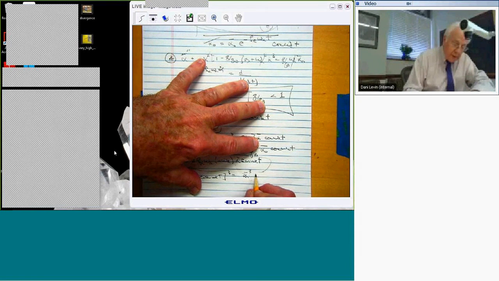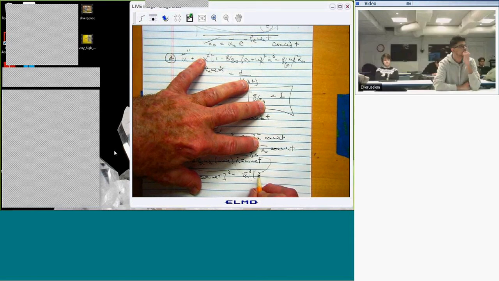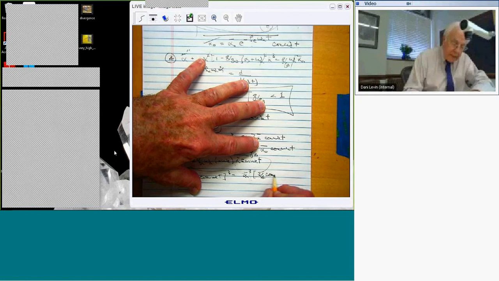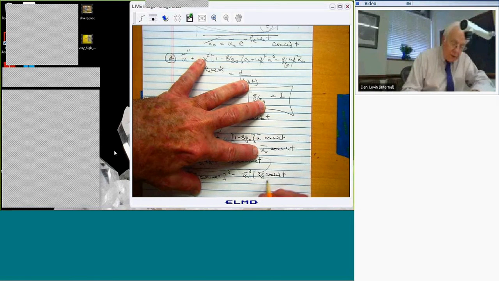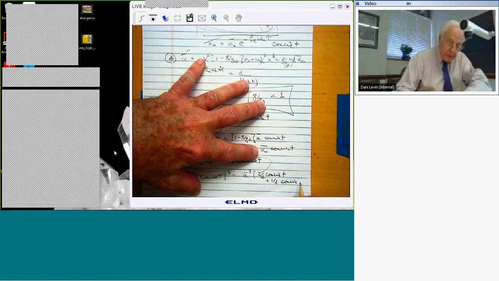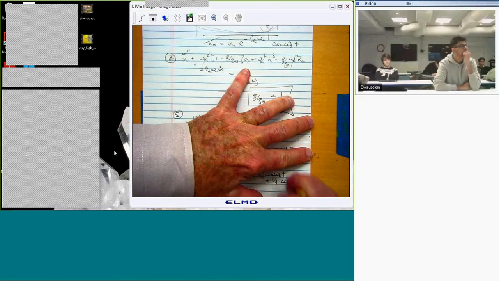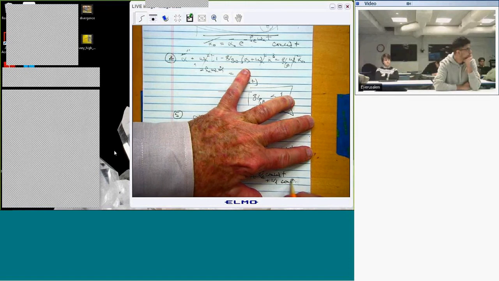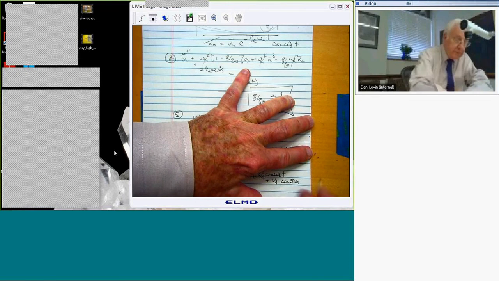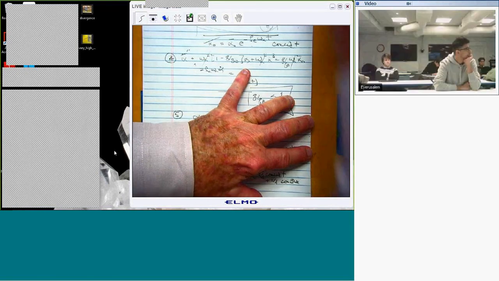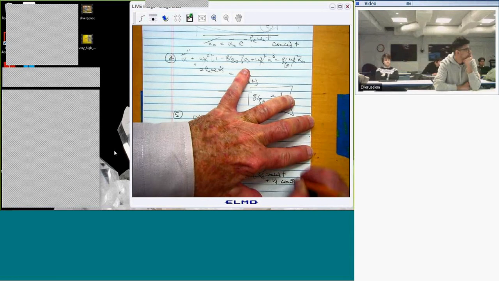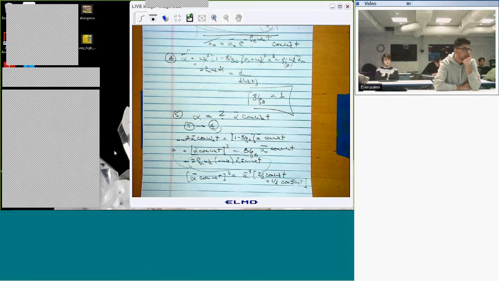Times 3/4 cosine omega_E t plus 1/4 cosine 3 omega_E t. Right? I mean, that turns out to be even 10.